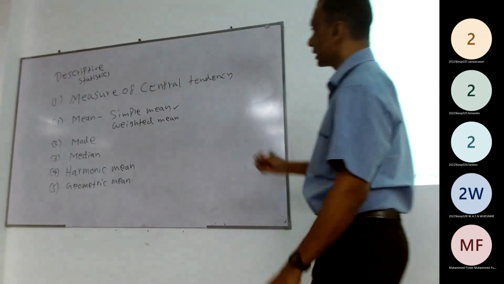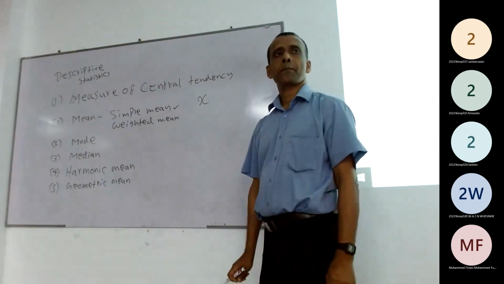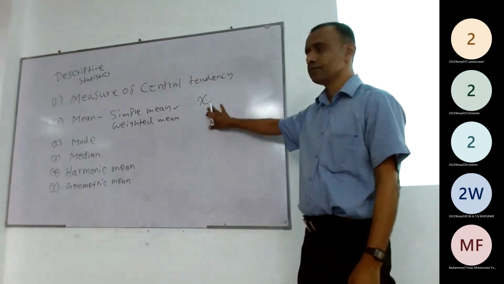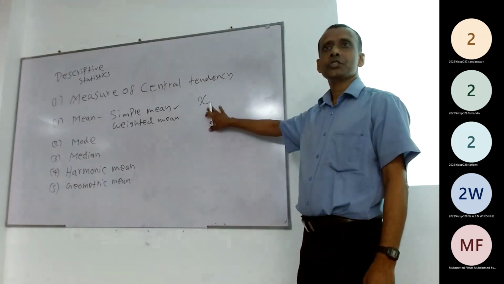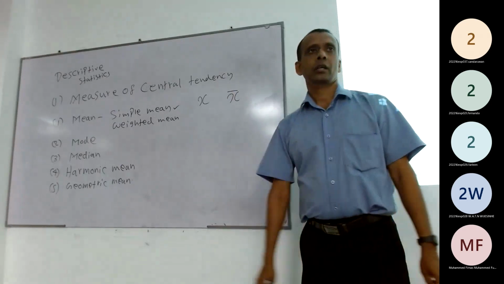If the variable is x, simple mean is denoted by x bar.